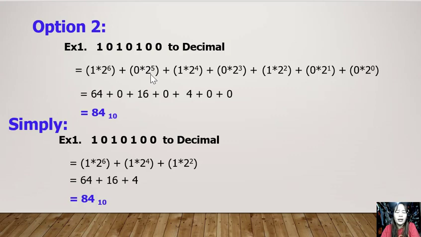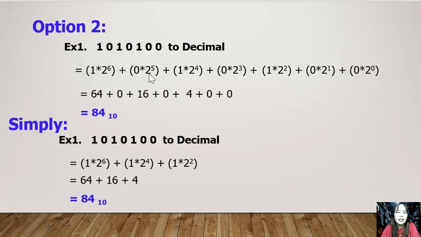Now if you ask why 2, it's because we're solving from binary to decimal, and binary has a base of 2. So 0 times 2 to the power of 5. Remember that 0 multiplied by any number is always 0.